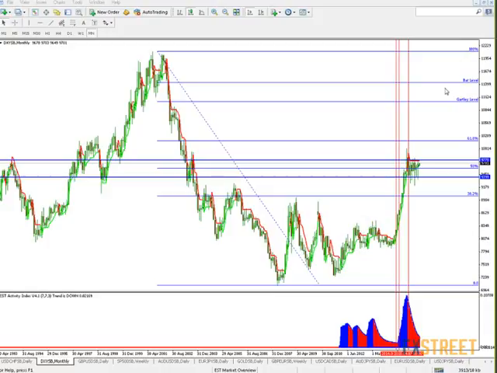Now let's just throw into the mix a little something extra. And this little something extra is a little bit of analysis using some Elliott wave moves. Now, I'm going to draw in a series of lines, and Elliott wave watchers will be able to tell me exactly what I'm putting in place here.